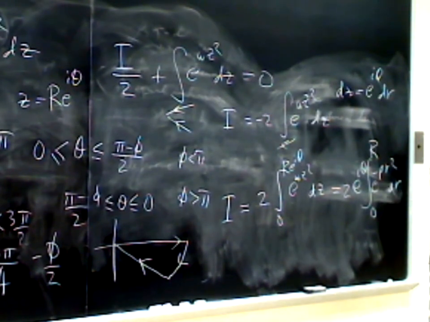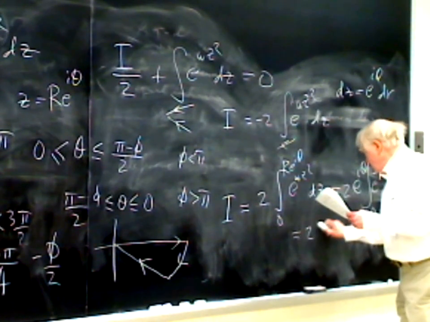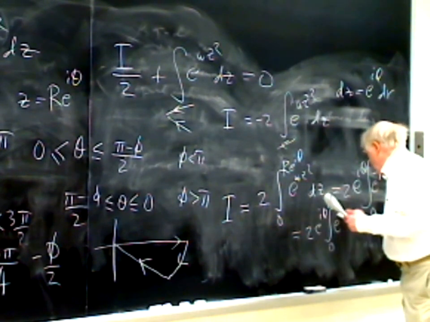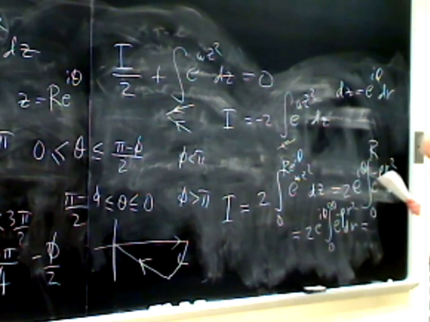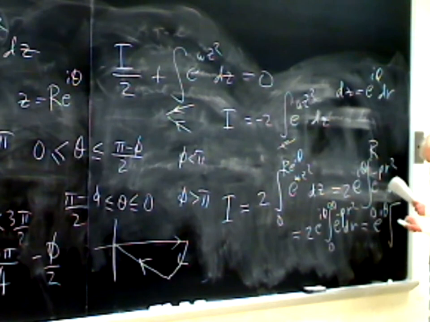Here we're going along r, so there's no extra I. And when you take the limit as r goes to infinity, you just get 2 e to the I theta integral 0 to infinity e to the minus rho r squared dr, and that's a well-known integral, so we get e to the I theta square root of pi over rho.